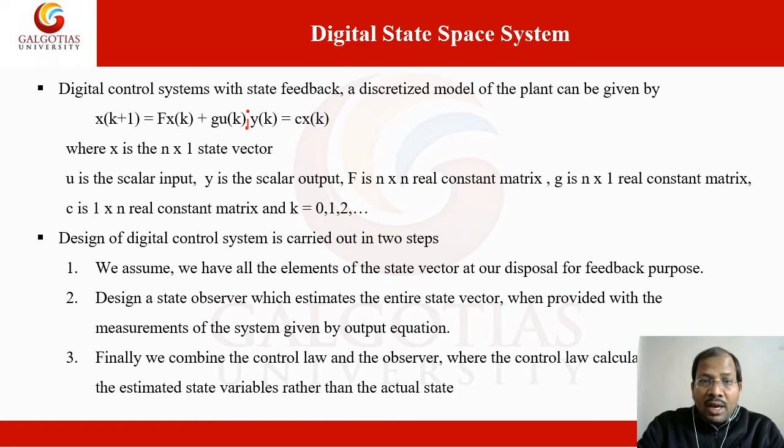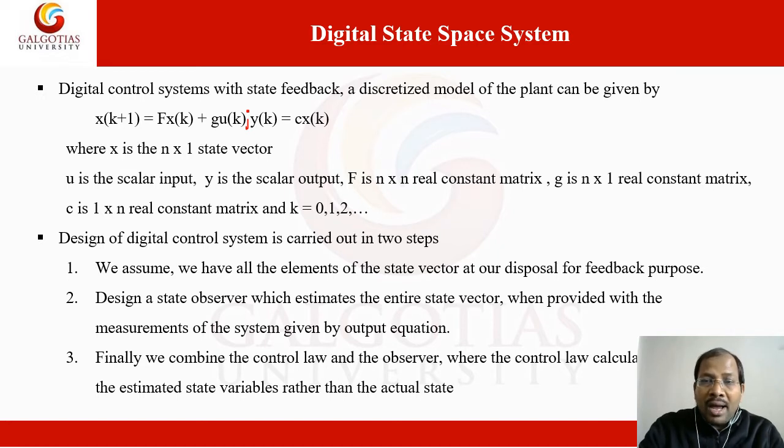If these state variables are not available, then we have to go for the observer option. We design a state observer which estimates the entire state vector when provided with a measurement of the system given by the output equation. Based on the output information as well as the input information of the system, we can estimate the unmeasurable states of any plant or system.